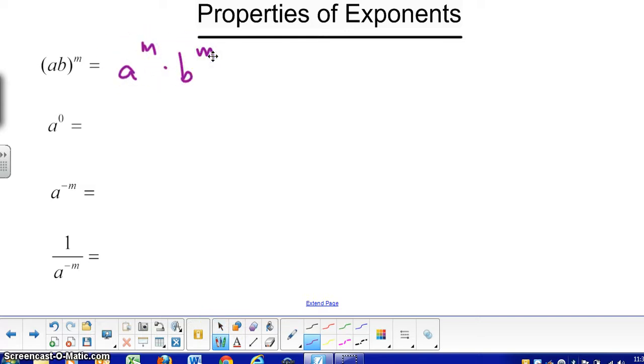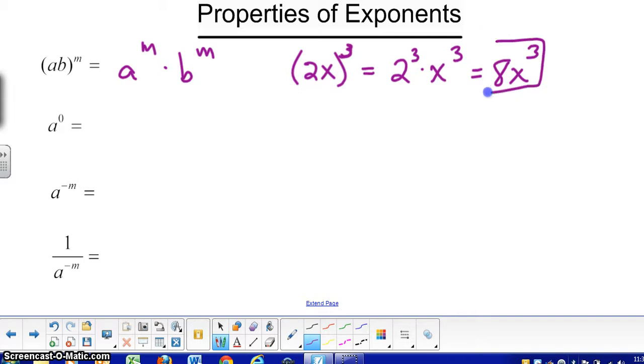So an example of that is if you have 2x to the 3rd power, which we just practiced. You have 2 to the 3rd power, and you have x to the 3rd power. So you get 8x cubed.